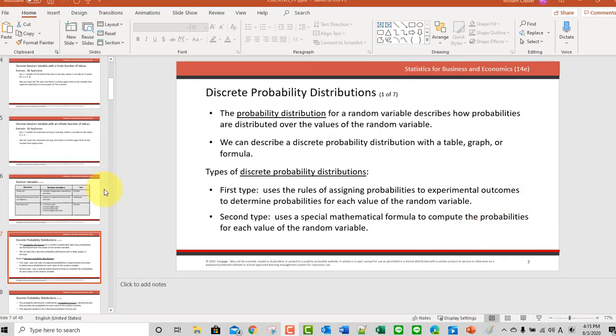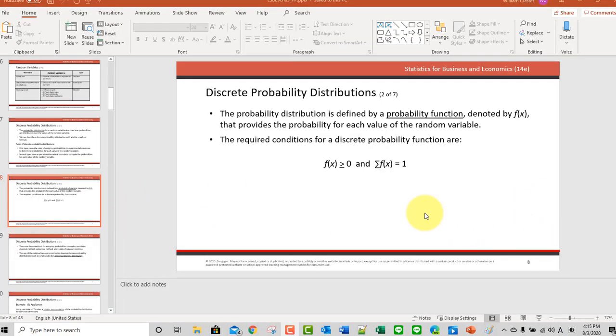So let's go through this quickly and see what they say here. So, a discrete probability distribution. We said that when we sum up all the probabilities, we have to get 1. And we also mentioned that each one cannot be negative.